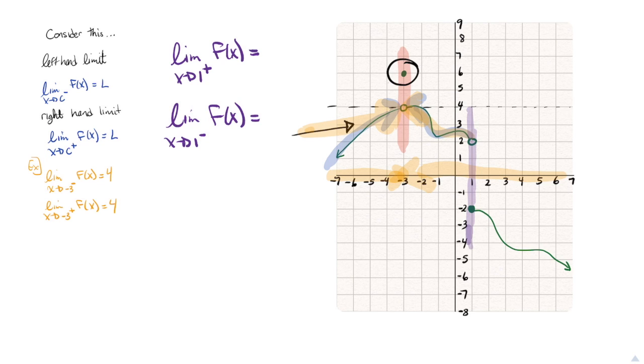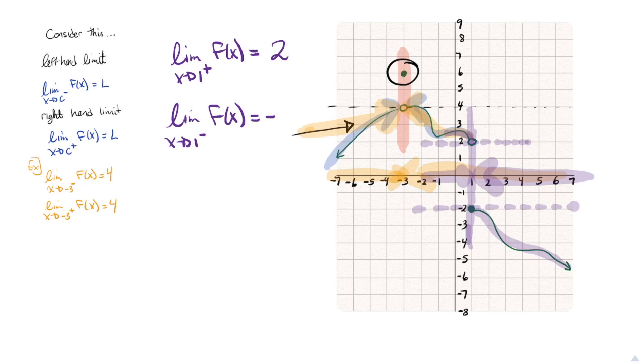So approaching 1 from the left-hand side, it looks like the function value is at positive 2. So from the left-hand side, our limit is actually approaching 2, but from the right-hand side, as we go in this direction here, well, that's actually following this y value, and that's negative 2.